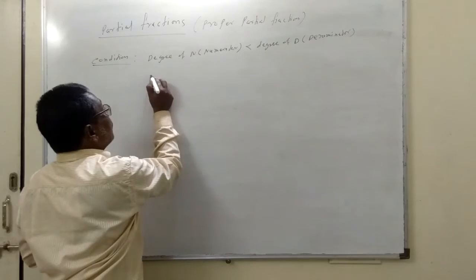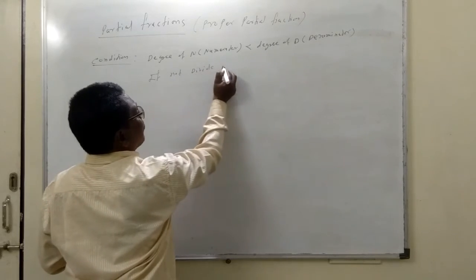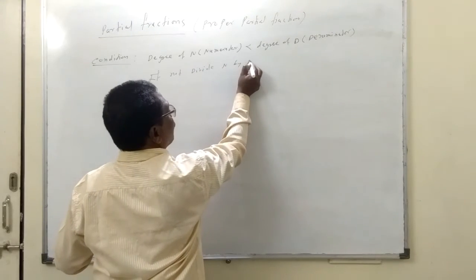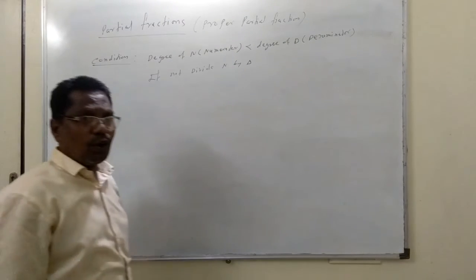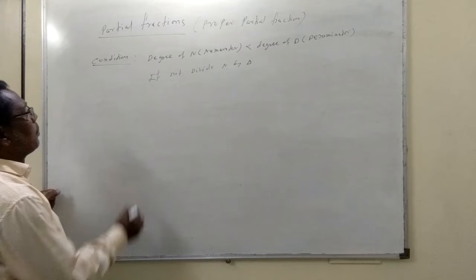If not, divide n by d. So you divide the numerator by the denominator, take the actual division, and then you will do the partial fraction.